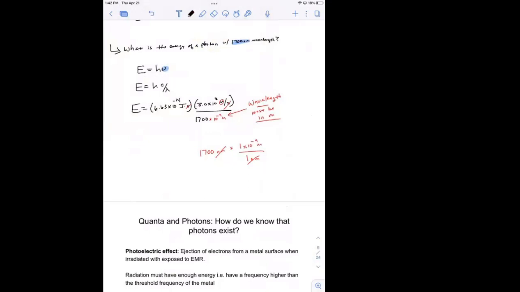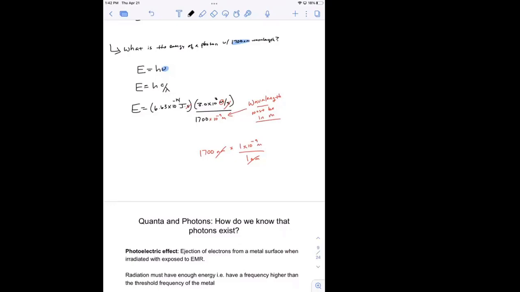So now I just need to plug this number in. And let's do that. Clear my calculator out. All right, so we're going to do 6.63.